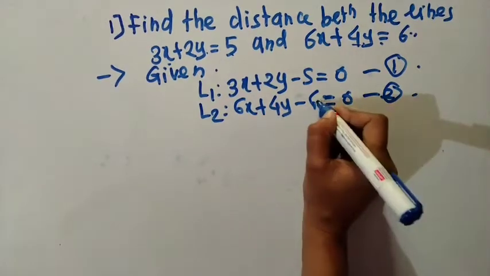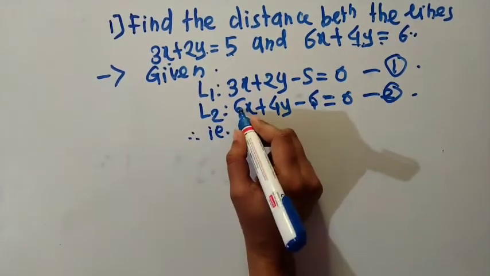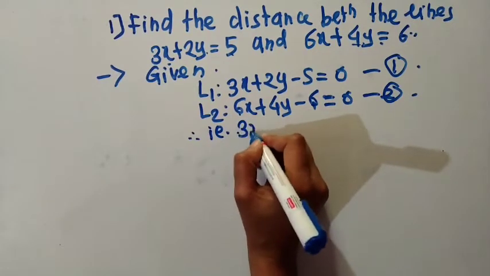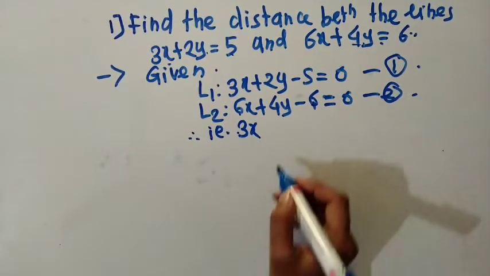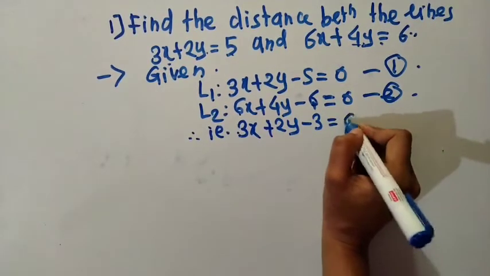Then this equation divided by 2, hence we get 3x + 2y - 3 = 0.